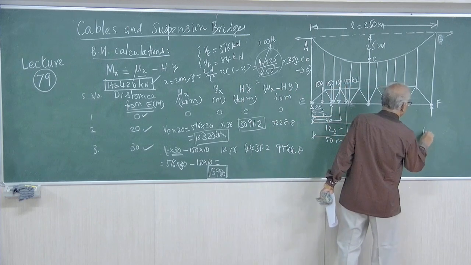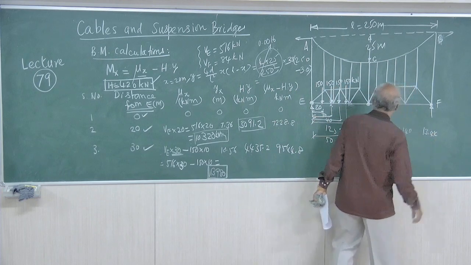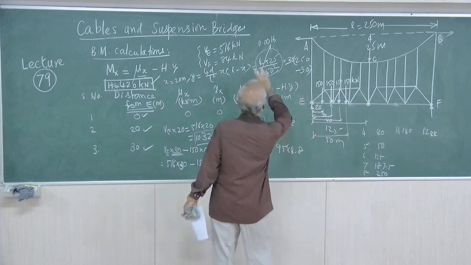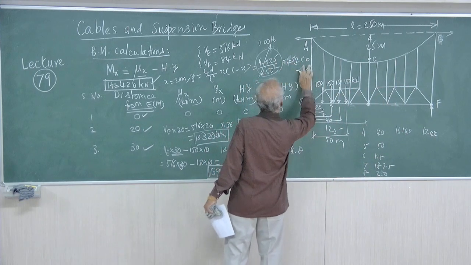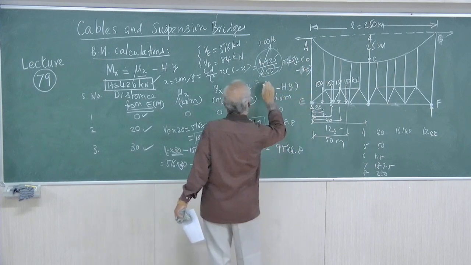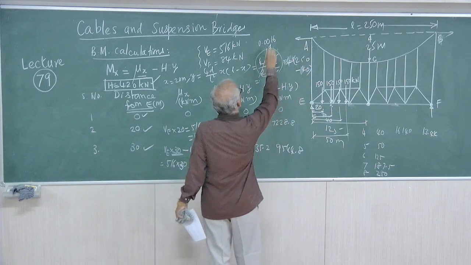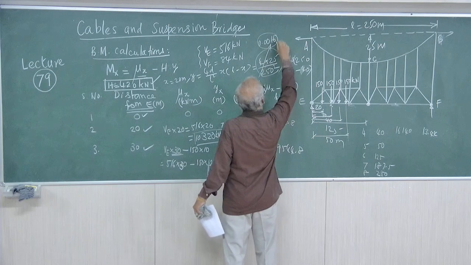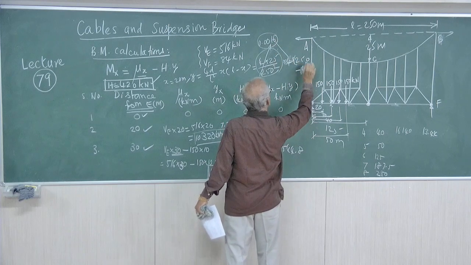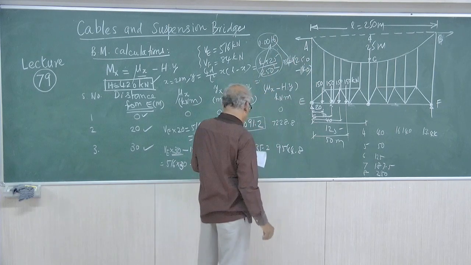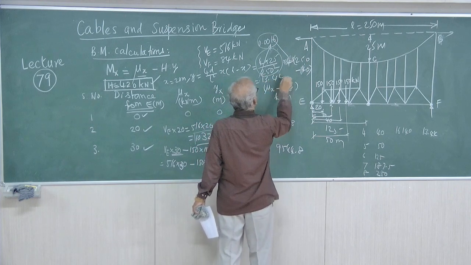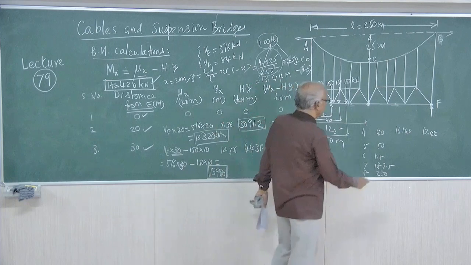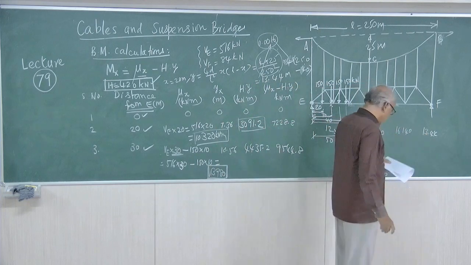This value is for 40 meters. So make it as 40. This value will be 0.0016 multiplied by 40 multiplied by 210, and that value is equal to 13.44 meters for 40 meters.